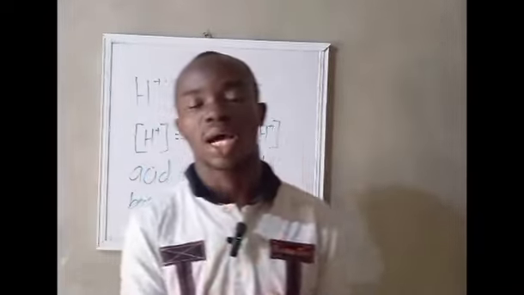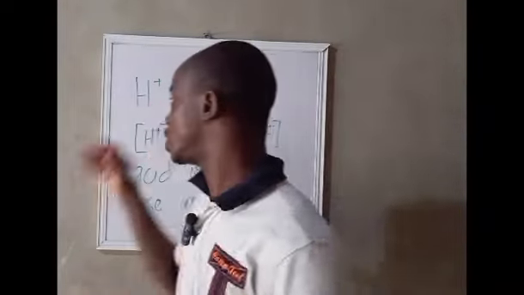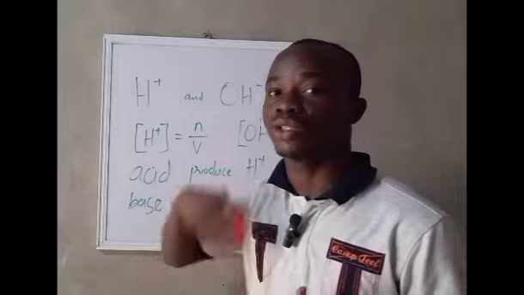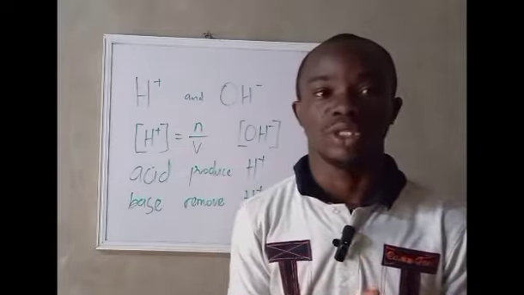But when you add an acid into a solution, the acid produces more H plus, and that means that the concentration of H plus in that solution will increase, and that will certainly also affect the pH.